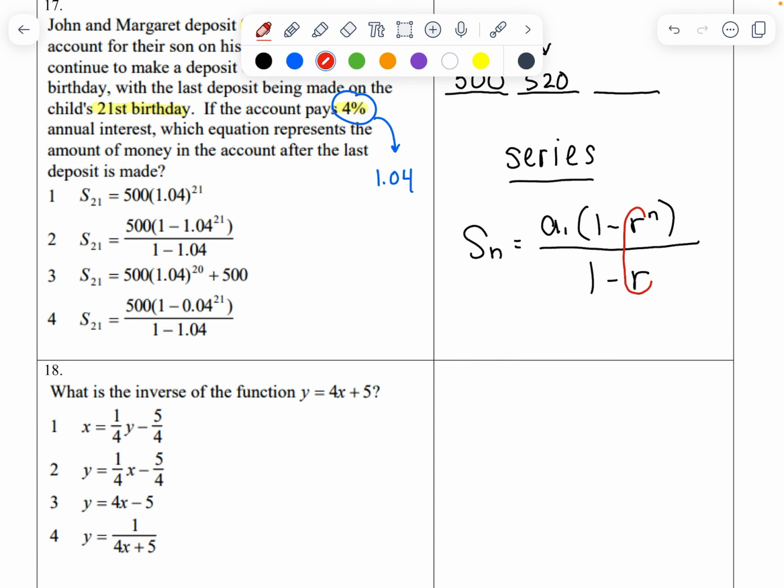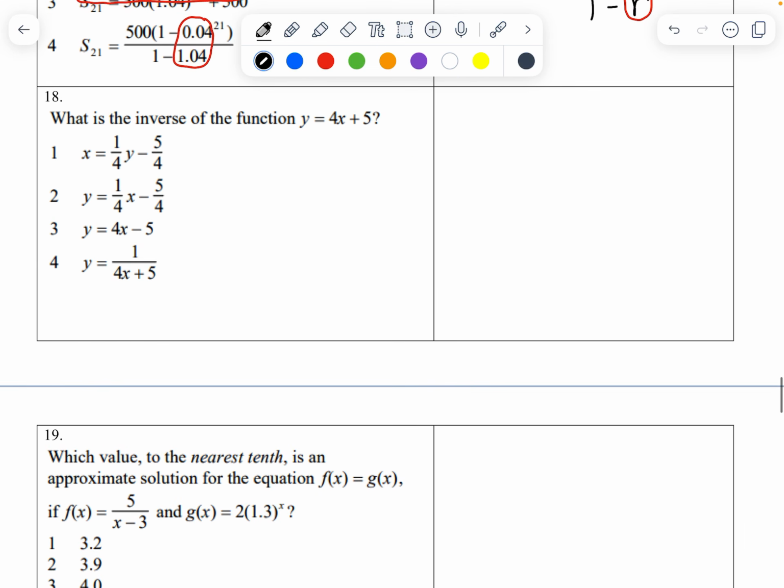And one thing that I want to point out is these should be the same, okay? So first of all, this is not it. This is not it. And I want you to look at these. They tried to trick you. Those are not the same. So the correct answer here is 2. That's what you would use to see how much money he'd have after 21 years.